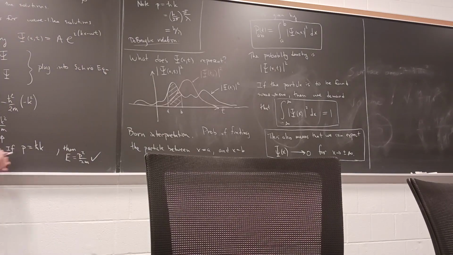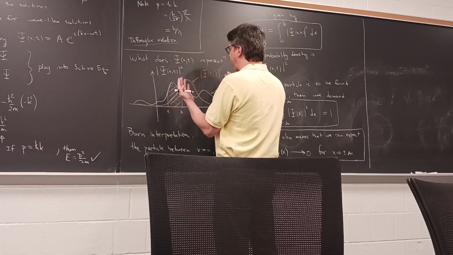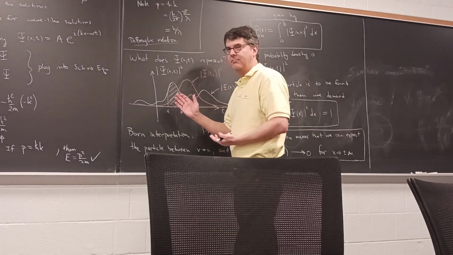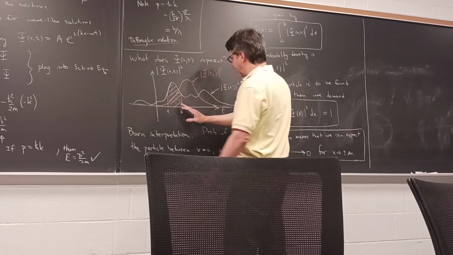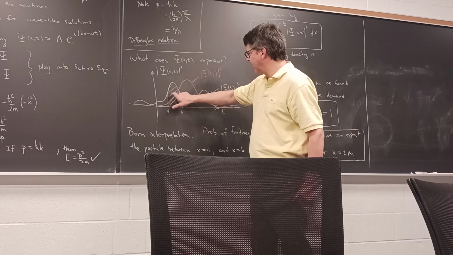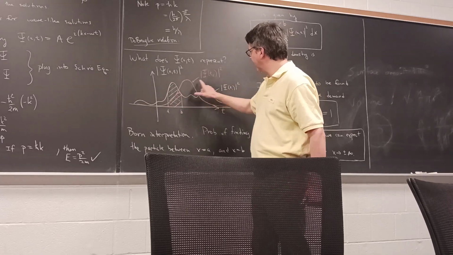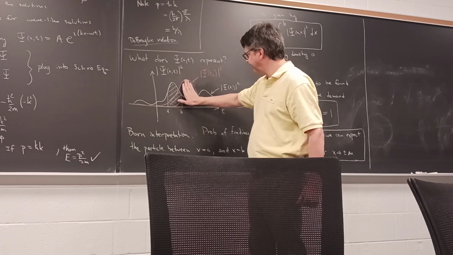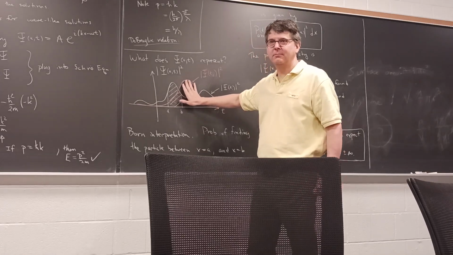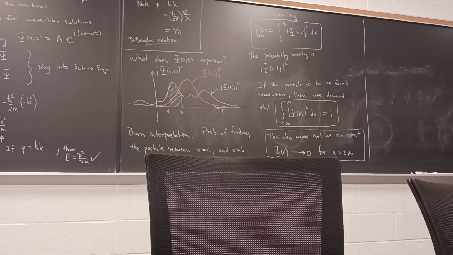Okay, so if the probability of finding the particle is the area under the region of the curve, then the particle had most probability to be under here, and maybe under here, but at time t2, it's more likely centered around there. Does that make sense?